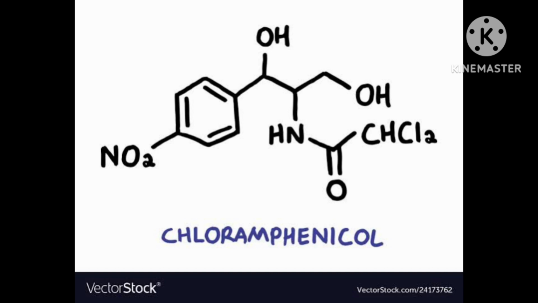Okay, and there is a structure you can see, the penicillin structure. In the diagram I will send, you can see it is also a complicated structure, that of penicillin and chloramphenicol. That structure I will also send in the diagram, the chemical structure.